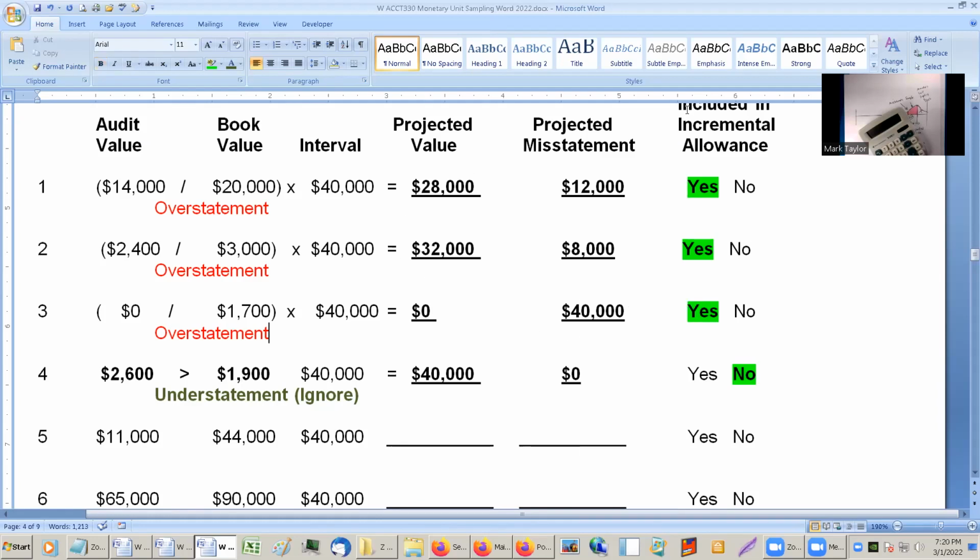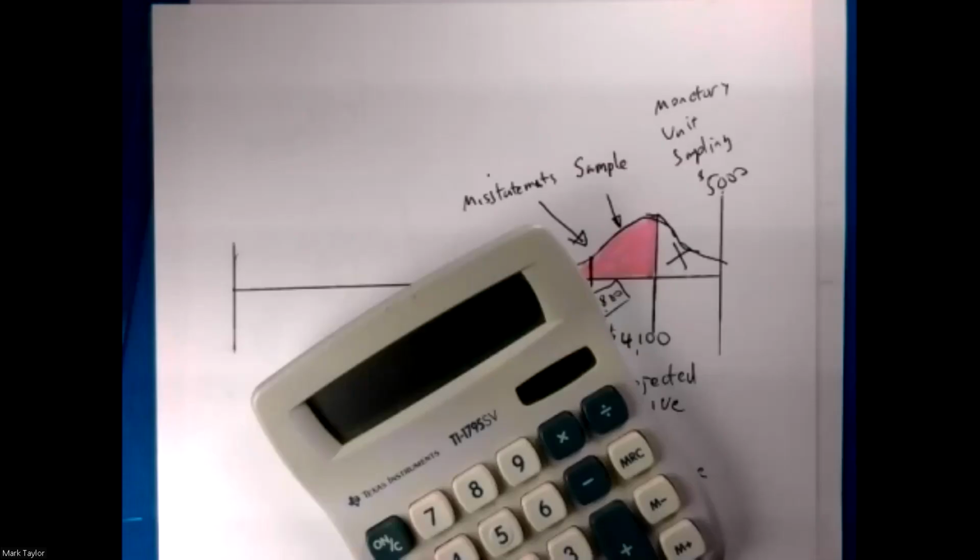So again, that's one of those things that's kind of strange. As an auditor, whenever you come across something that's wrong, you go, hey, this is wrong. You don't say it just like that, but you know what I mean. And so you find this one that has an error in it, and because it is an understatement, using this method, you don't do anything with it.